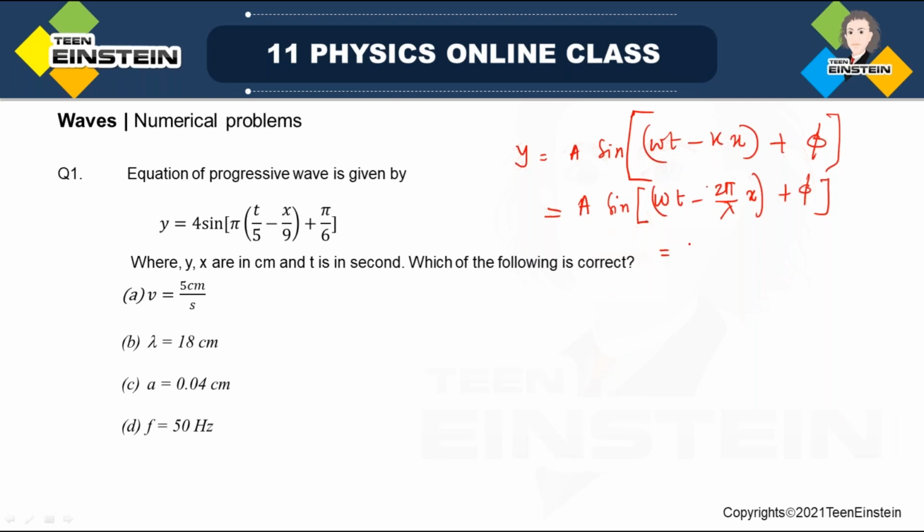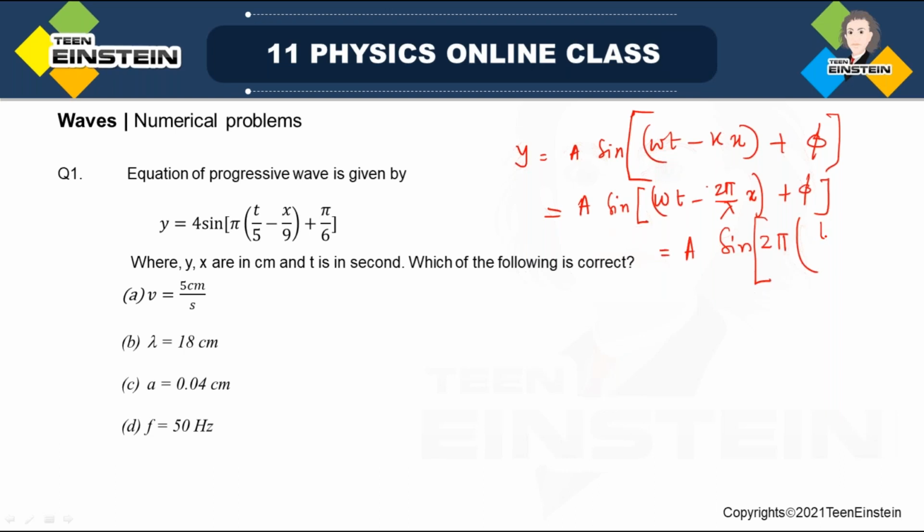So this itself can be written as a sine of, let us take 2 pi common. Here only pi is there, but it would be better if we take 2 pi common. Let us take 2 pi common and see what happens.